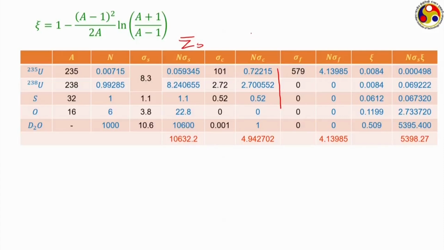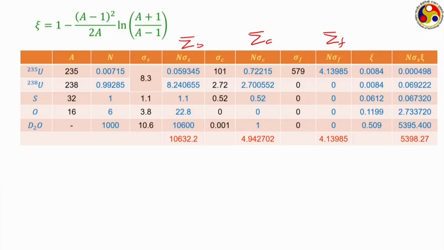Now, this represents the macroscopic capture or non-fission absorption cross section, and this one, N sigma F, is the macroscopic fission cross section. So, using the microscopic cross section values and the value of N, we have calculated the macroscopic cross sections for scattering, capture and fission.